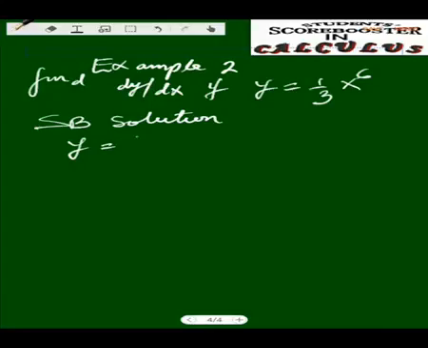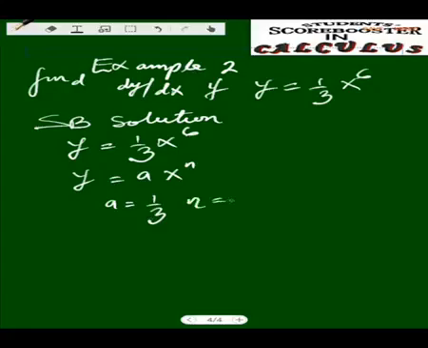Y is equals to 1 over 3 x raised to power 6. This is the question. Now the general formula is y is equals to ax^n. From here, our a is 1 over 3 and our n is 6. Okay, now the general formula for dy/dx is anx raised to power n minus 1.